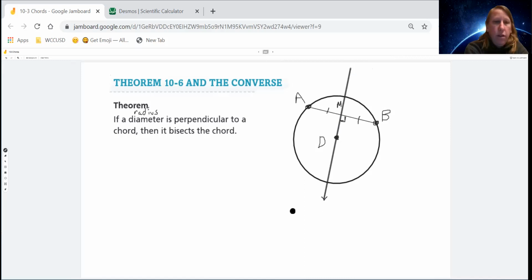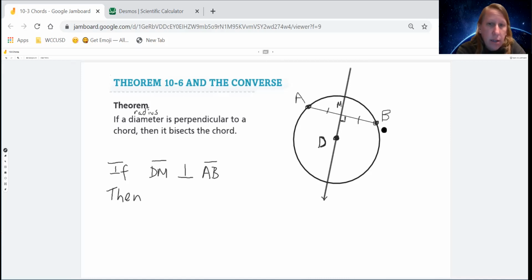So if line segment DM, it doesn't have to even be a diameter or radius. As long as it contains the center of the circle and it's perpendicular, that's cutting the chord in half. So if line segment DM is perpendicular to the chord AB, then we're allowed to say in a picture like this that AM is congruent to line segment MB.